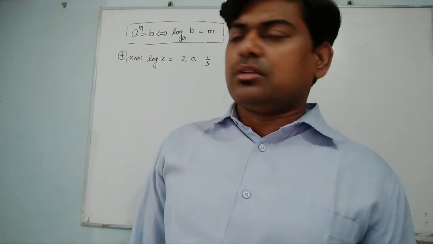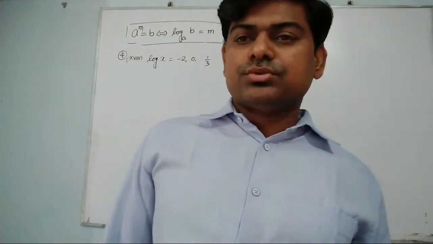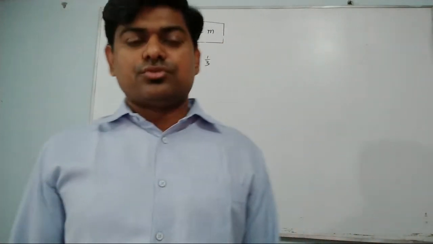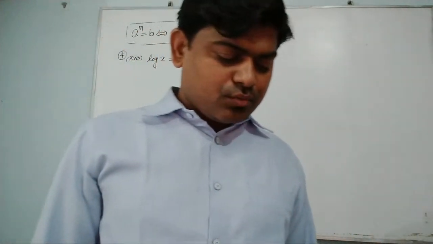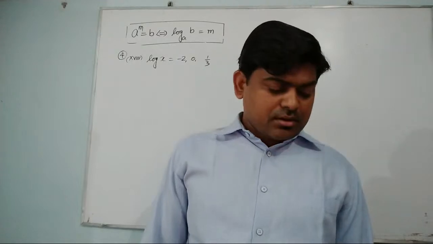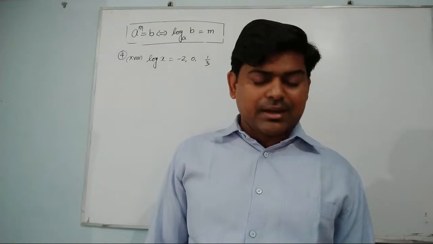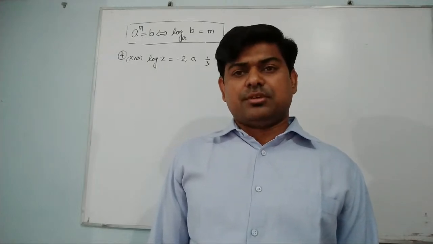Once we have to take log x is equal to 2, once we have to take equal to 0, and once we have to take 1 upon 3. And you can see in the last 3 parts, the base has not been given. In question number 16th part, 17th part, and 18th part, the base is not given.